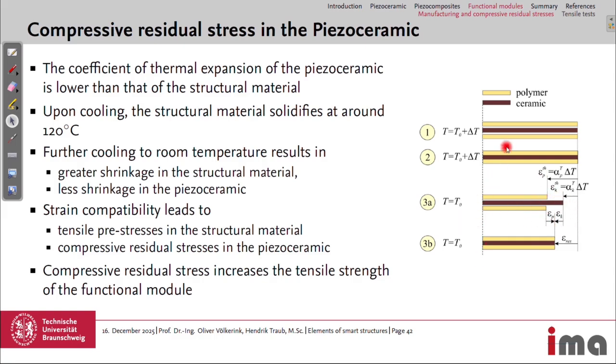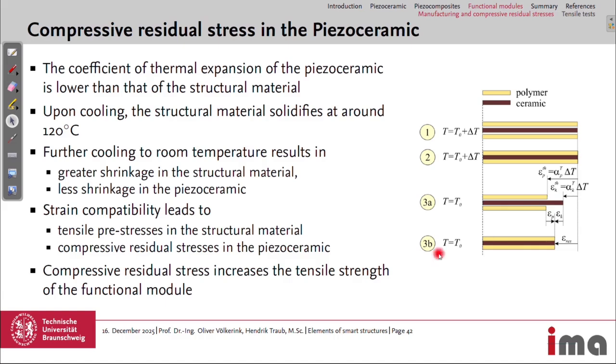But since they are connected after curing of the epoxy, or after it solidifies, they cannot have a different strain or elongation because there's strain compatibility, and therefore you have a tensile pre-stress in the structural material, a residual stress, and a compressive residual stress in the piezoceramic material.